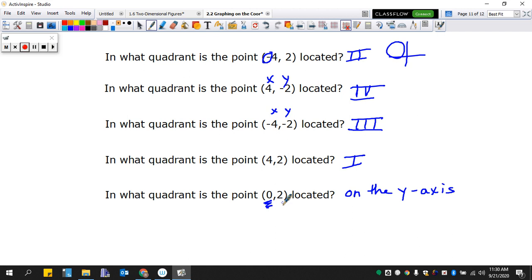So if you have 0 on the x and a number in the y value, that means it's going to be on the y axis. And if it had been 2, 0, that would have been on the x axis. Okay. All right.